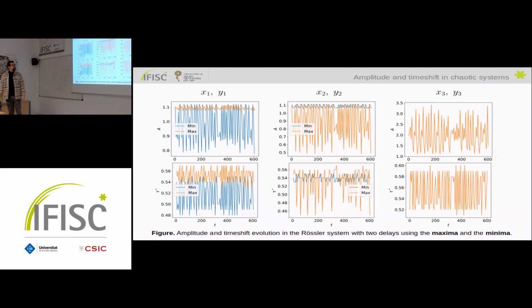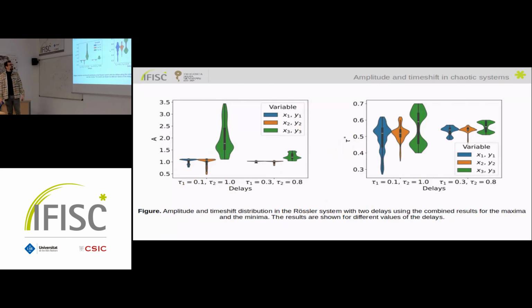So in order to sum up these results, let me get to the following plot. Here, what I am doing is a violin plot that maybe some of you are familiar with. Basically, I am saying, okay, let's fix the parameters of our simulation, and let's see how the distribution of the amplitudes is. So for instance, you can see that for the first and the second variable, the distribution of the amplitude is something like this.